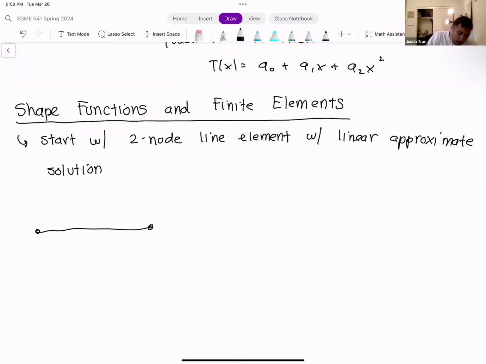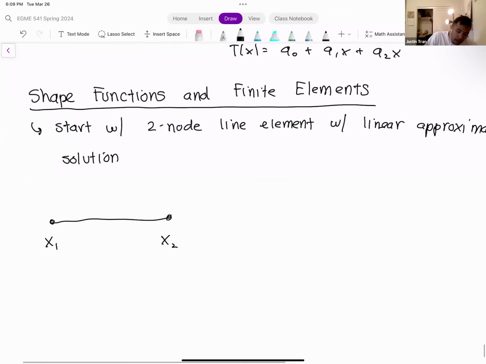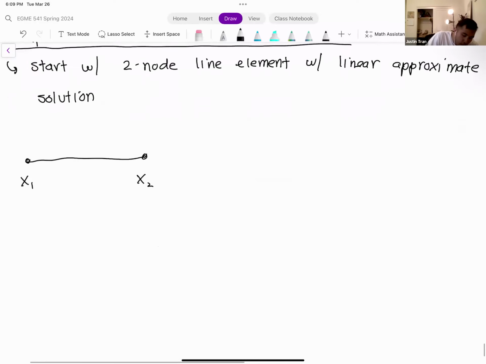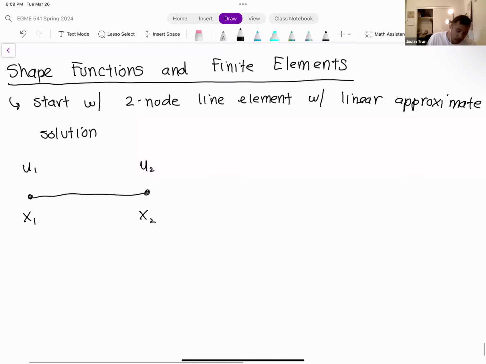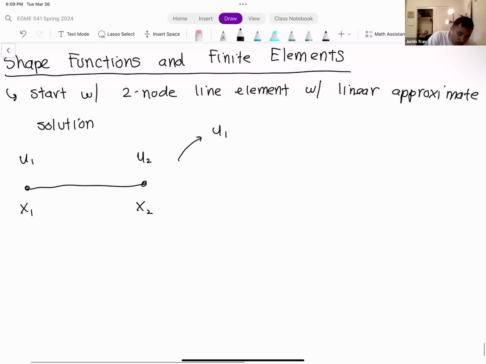The x coordinates of the two nodes are going to be x1, x2. And we're going to assume the nodal solution values are going to be u1 and u2. So u1, u2 are the nodal solution values. That should be a pretty familiar concept, right?